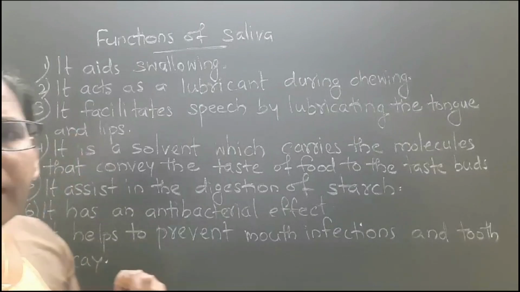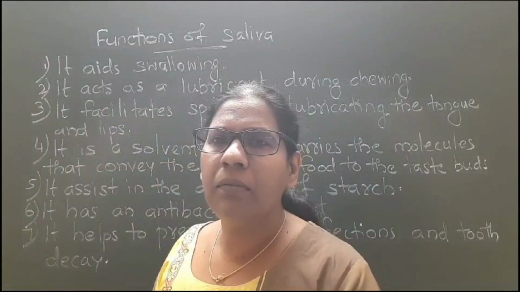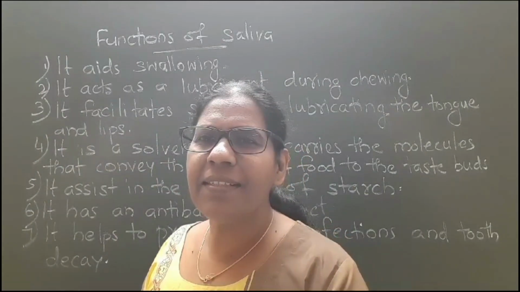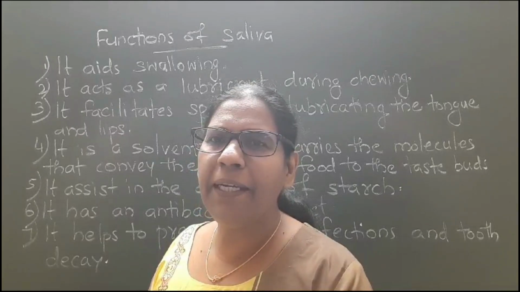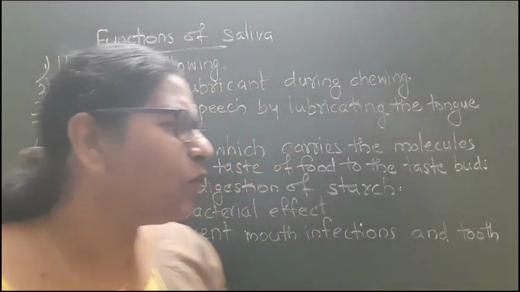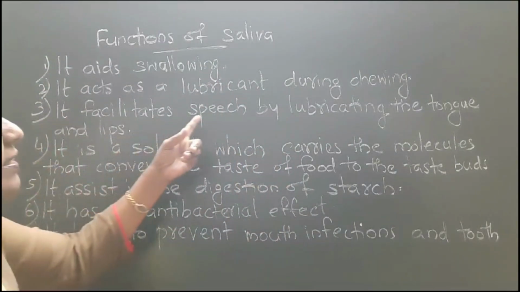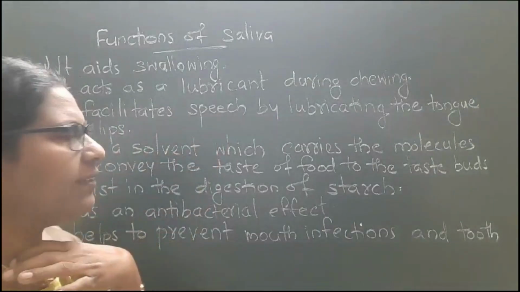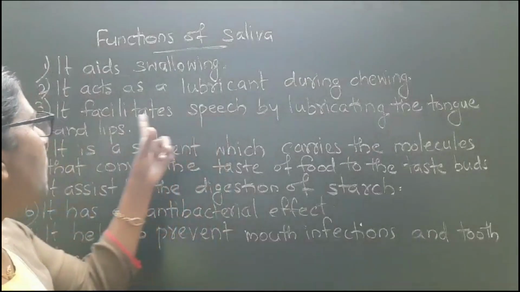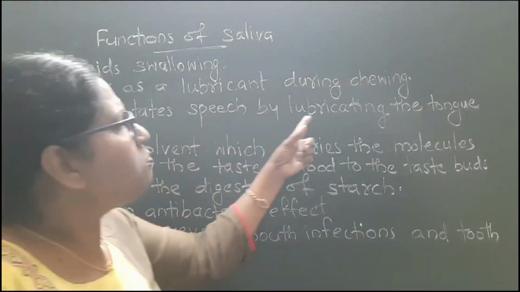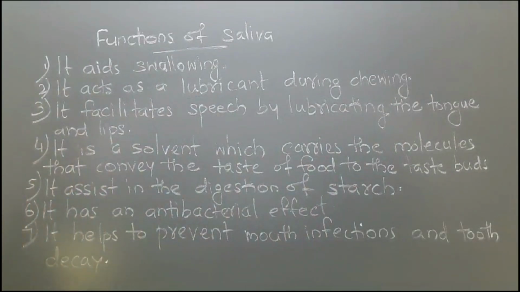Have you seen some people lubricate the lips while speaking? That is what it says here. Then the mouth will not get dry and the tongue and lips also won't be dry. So it facilitates speech by lubricating the tongue and lips.